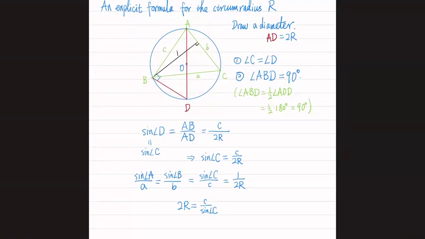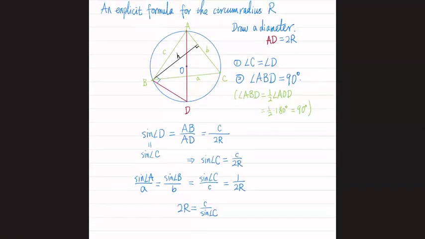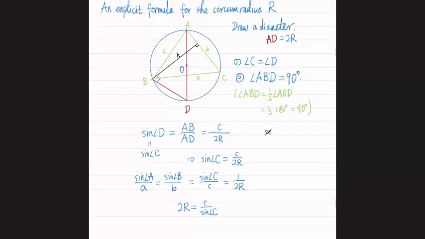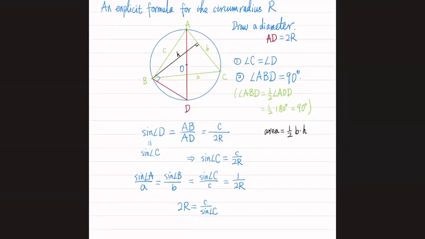We call this H. So the area is 1/2 base times H. In this right triangle, H will be A sine C. Therefore, the area equals 1/2 AB sine C.